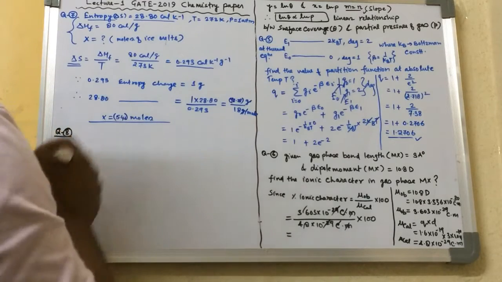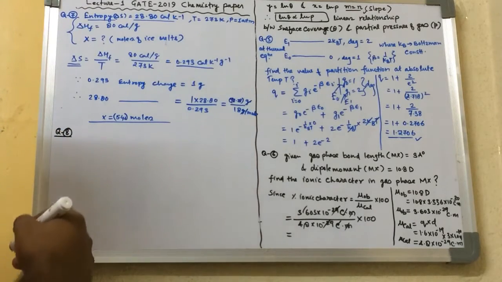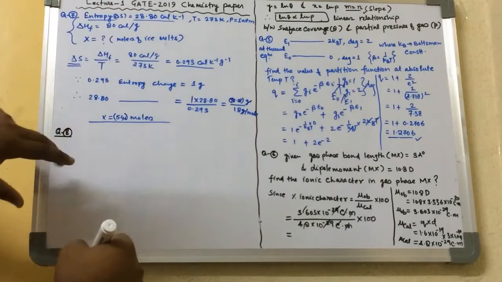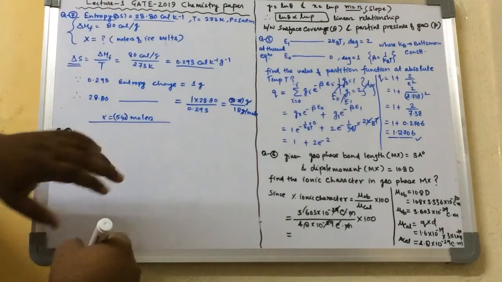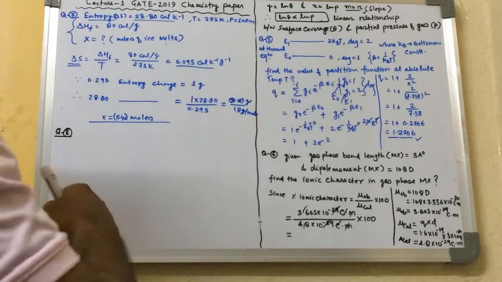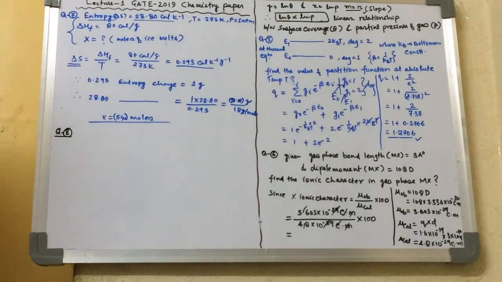I am using a different color so you can easily separate them out. The previous question is finished in the blue color, and this new question starts in red.